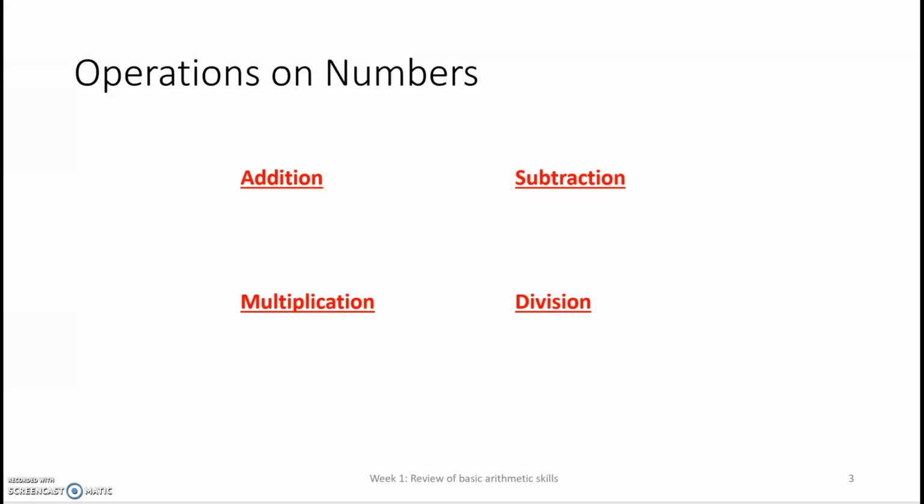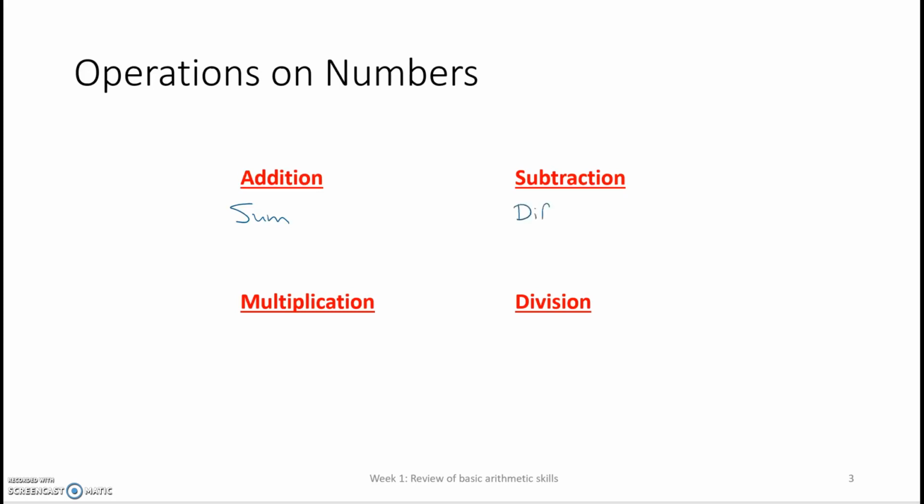Now, we need to talk the same language, and we've already looked at integers and numbers, but now let's look at a few more words. We know all these operations: addition, subtraction, multiplication, and division. Let's look at some other words for them. When we talk about addition, we're going to be talking about the sum of some terms.